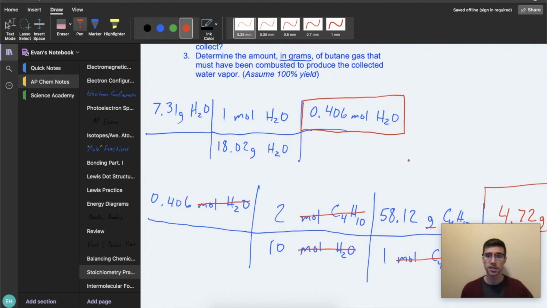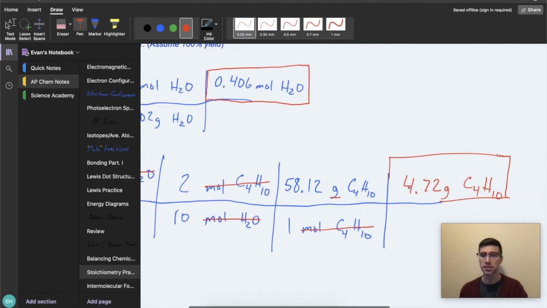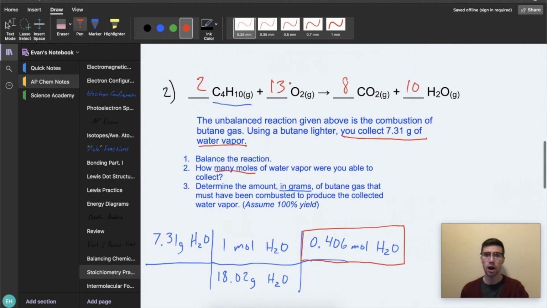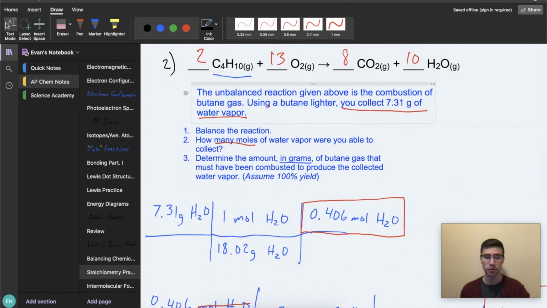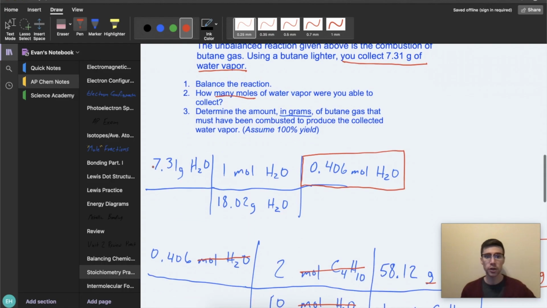But what this tells us is if you perfectly combust 4.72 grams of butane with, keep in mind, oxygen is in here, but if it's in the atmosphere, we can assume oxygen is in excess because it's 20% of the gas around us. We would get 7.31 grams of water from that reaction if it was perfect, right? If we had 100% yield, okay? Now, in the next problem, we're not going to have 100% yield, but that's okay.